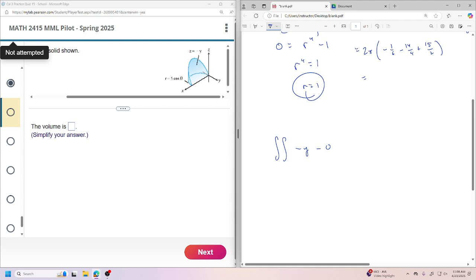We can figure this out. dr d theta. That's fine. So my y was an r sine theta. So then I got r squared sine theta essentially, negative, dr d theta. To me, it looks like we're going from 0 to this thing right here, 5 cosine of theta.